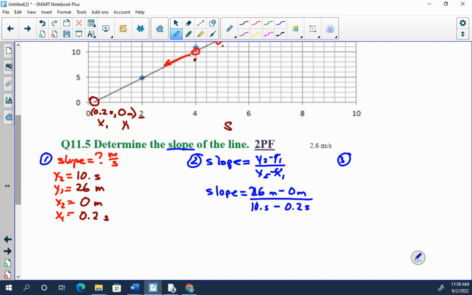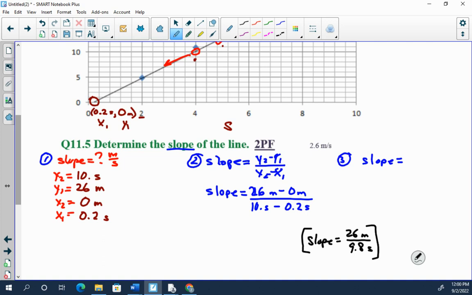Okay. And so then you get to your answer. Slope equals, you can do an intermediate step. By the way, I'm going to put something in black. I don't actually grade this next step right here. Slope equals 26 meters over 9.8 seconds. But, you know, if you want to write it, write it. It's not a bad thing. And so then you do 26 divided by 9.8.